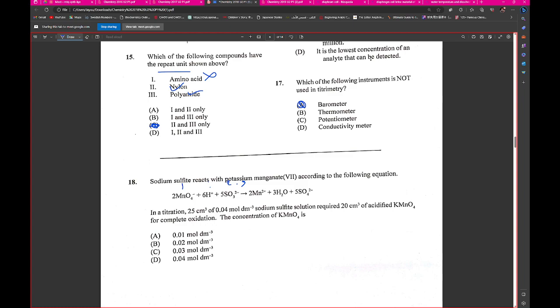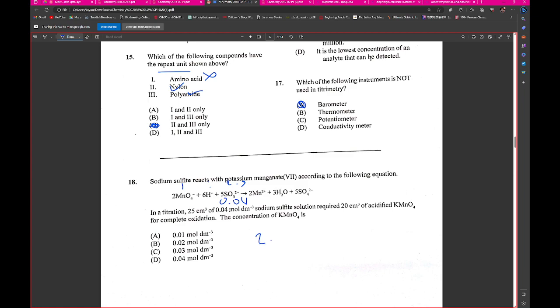So what's happening here? How do we get the concentration of potassium permanganate? Because we know that the sodium sulfite would be 0.04, and that means that is 2.5.